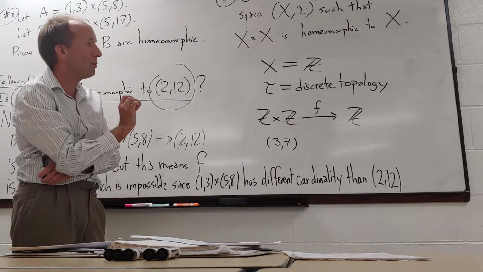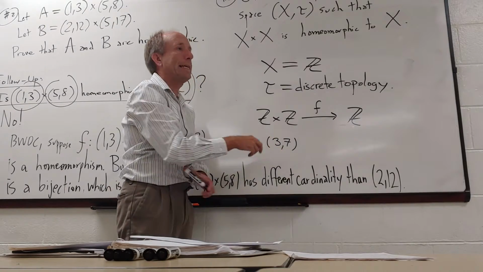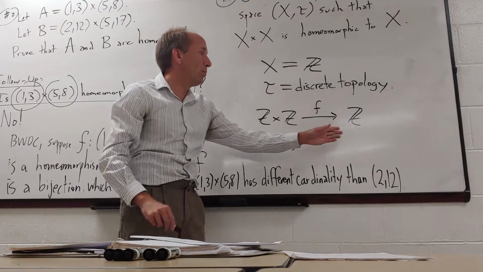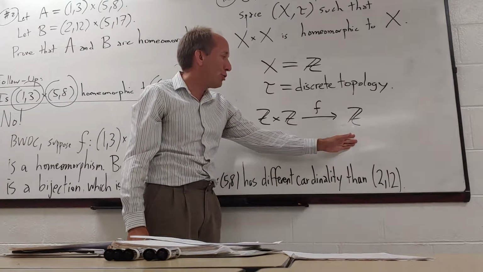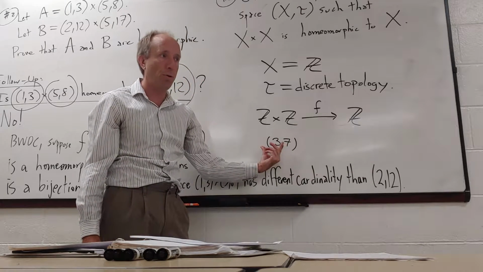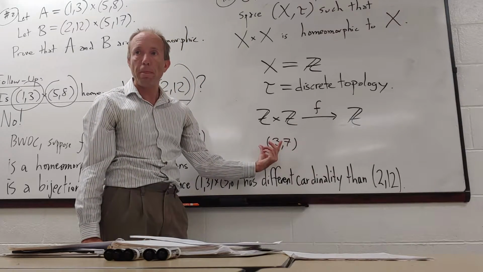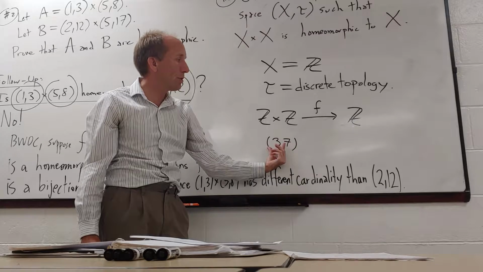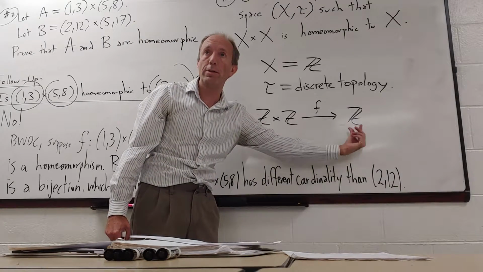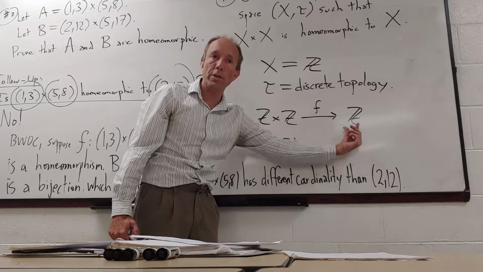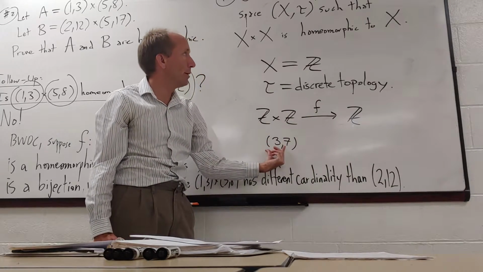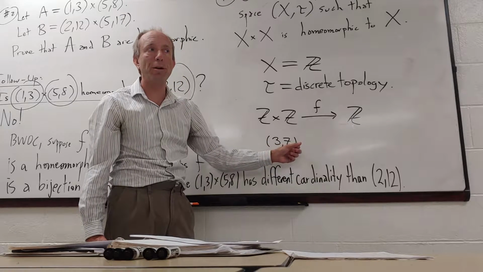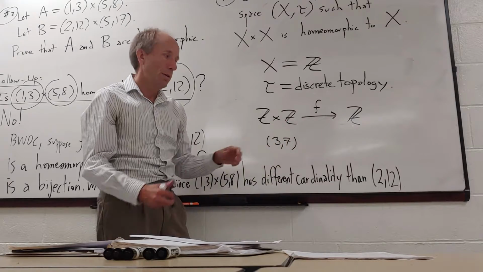I'm trying to argue that this is open, given that I've started with something open over here. So I start with an open set. I can choose it to be the image of this point, because this is a one-to-one onto bijection. So this point is the pre-image of some singleton. The singleton is open on this side. The pre-image of it is this point. How do I know that this is open? Remind me again: discrete topology, so everything is open.